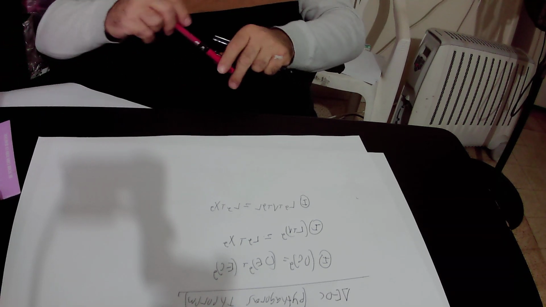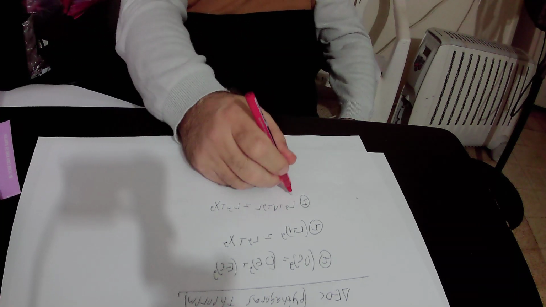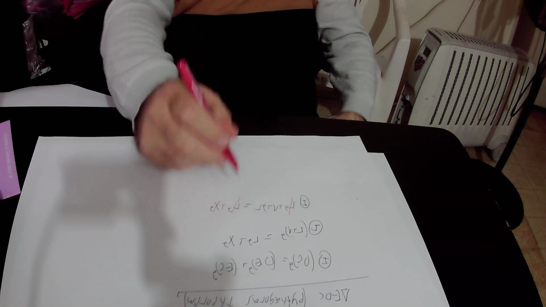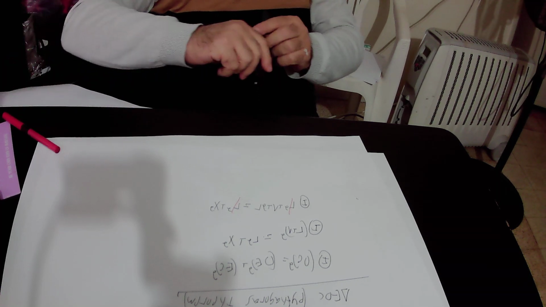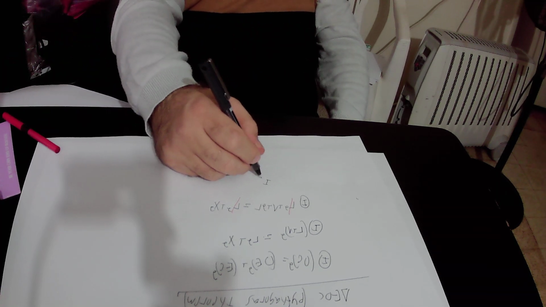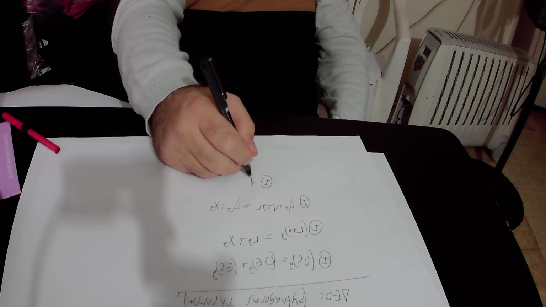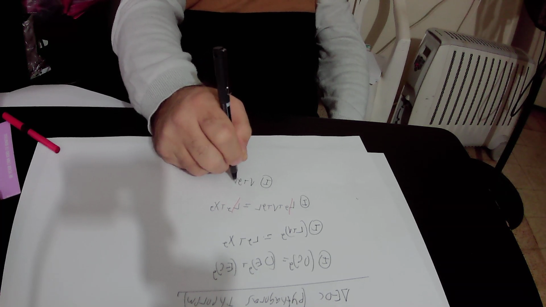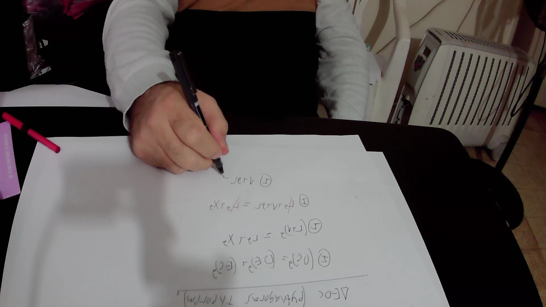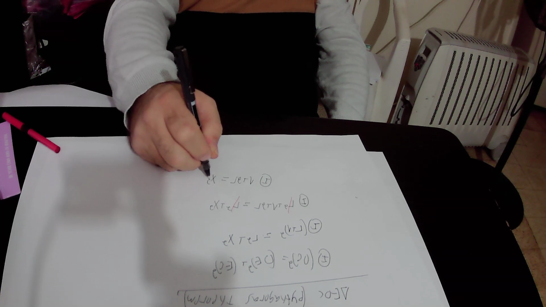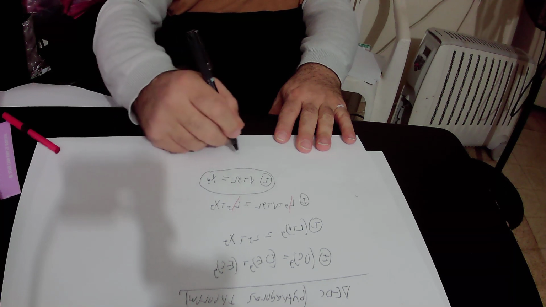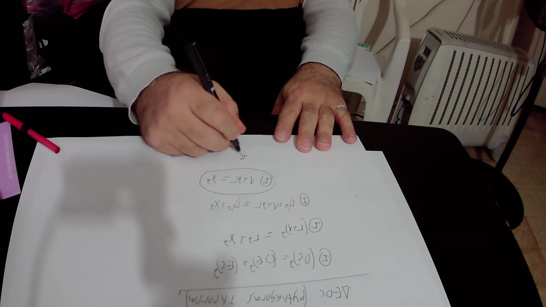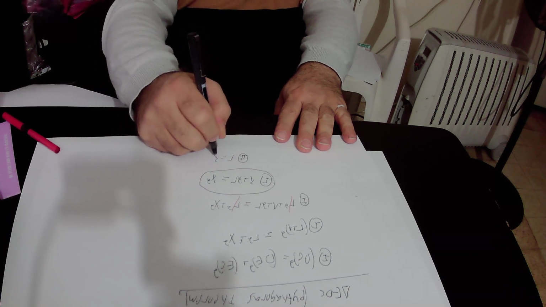So R squared will get cancelled. What is left after we cancelled R squared? It is actually 1 plus 2R equals X squared.